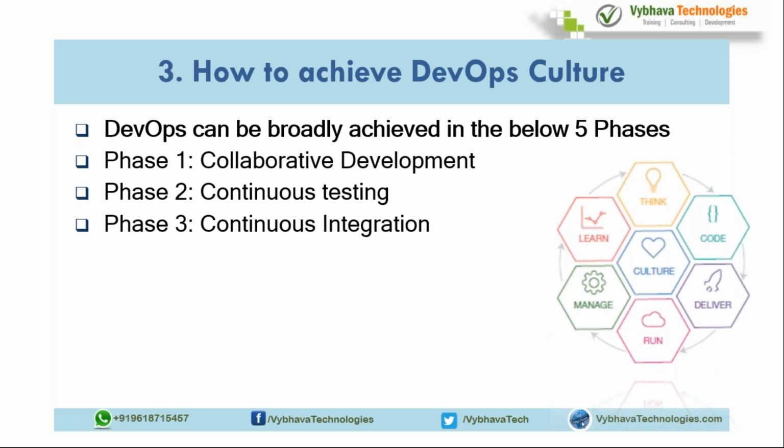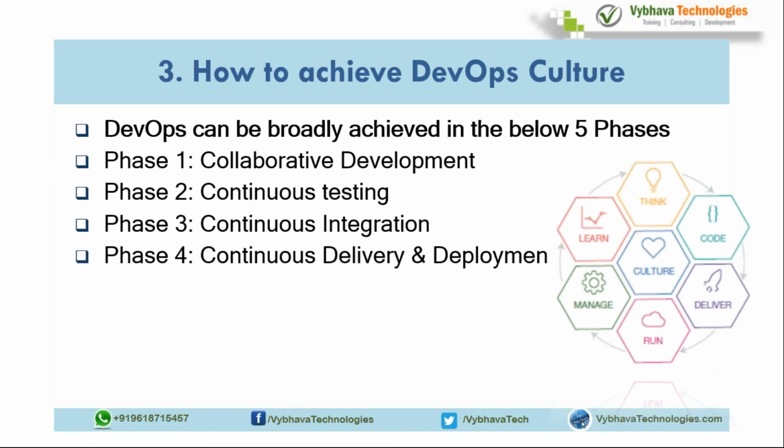How it is going to integrate, how fast it can communicate, we need to look for that and deliver in that fashion. So continuous delivery: the code changes whatever the development team is working on should be delivered and deployed into the targeted environments.